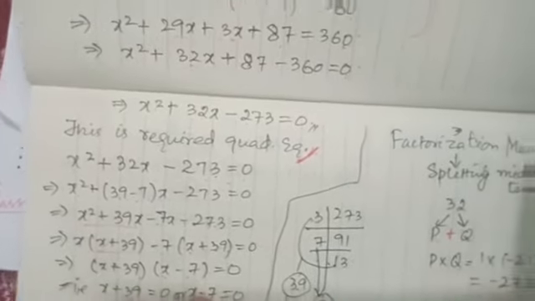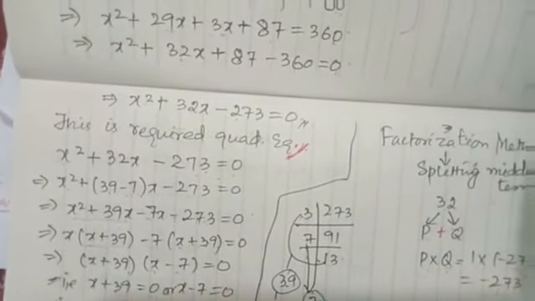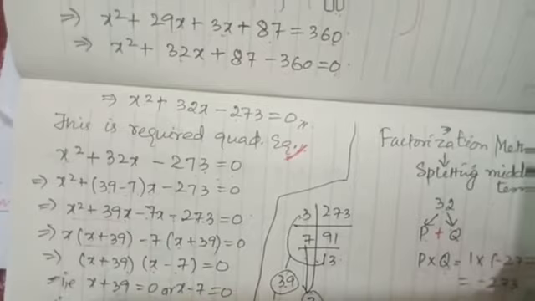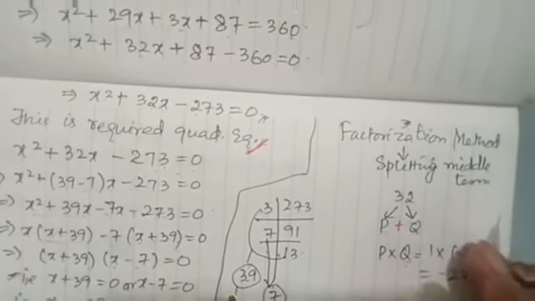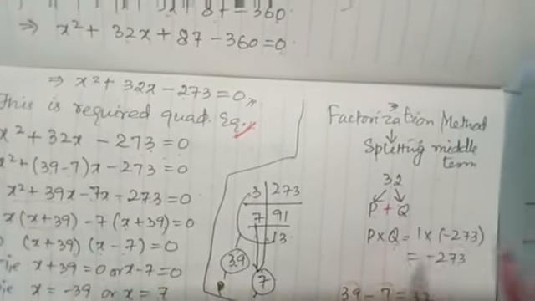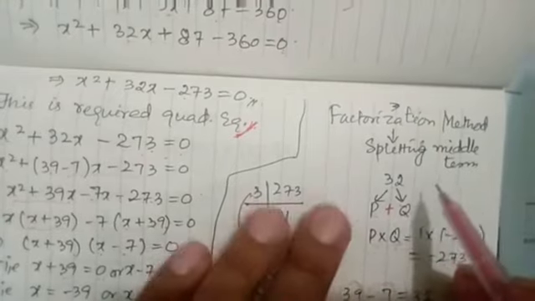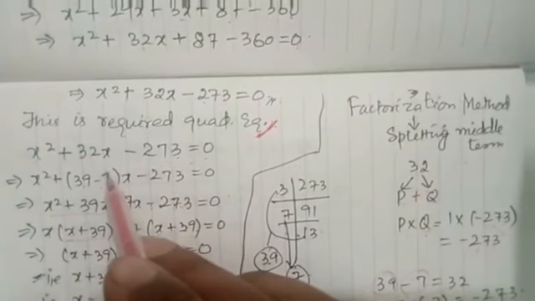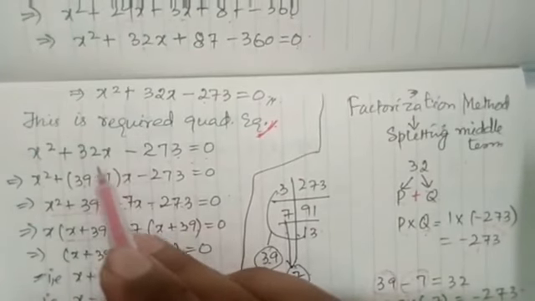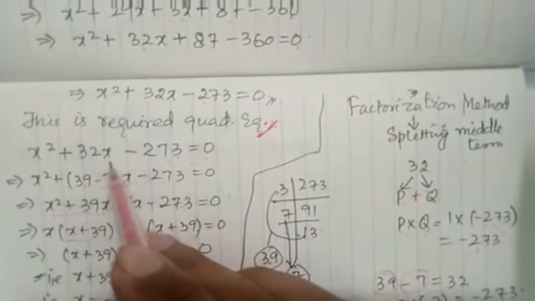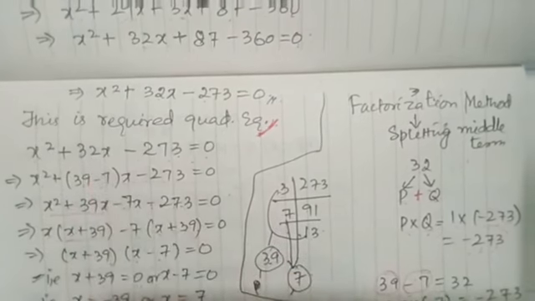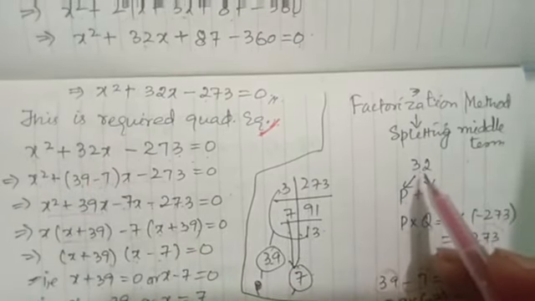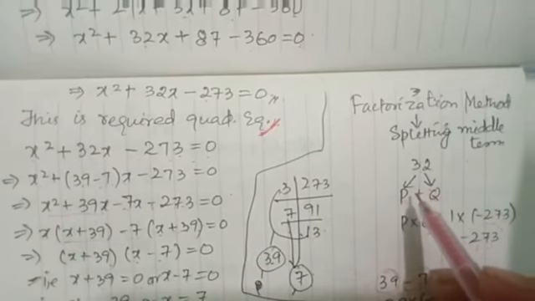I told you earlier, in the two parts I discussed before, we used the factorization method. Here also we will use the factorization method, that is, by splitting the middle term. Here the middle term is 32x. The coefficient of x is 32. I have to divide it into two terms.